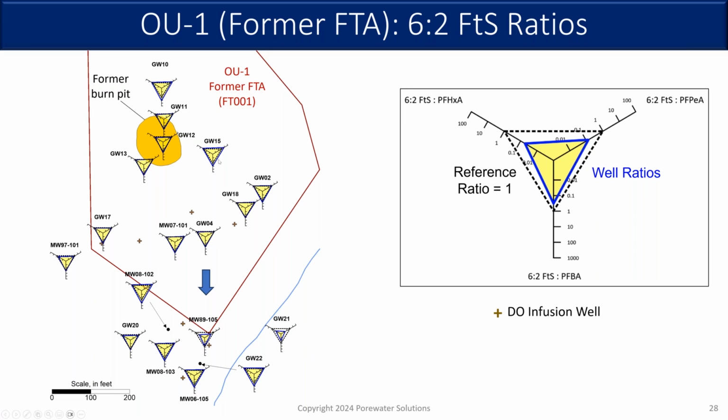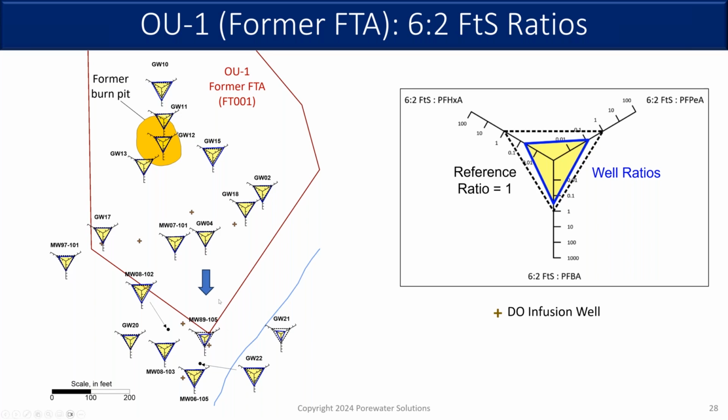So in the north part of the source area, the ratio is bigger than 1, which means 6:2 FTS is higher in concentration than all these daughter products at these wells here. As you go down gradient, that ratio decreases a little bit. Now it's at 1 when we get to the bottom of the OU1 area, possibly still in some source material, but we see the ratio decreasing, meaning maybe some precursor degradation is occurring and the daughter products are increasing a little bit.